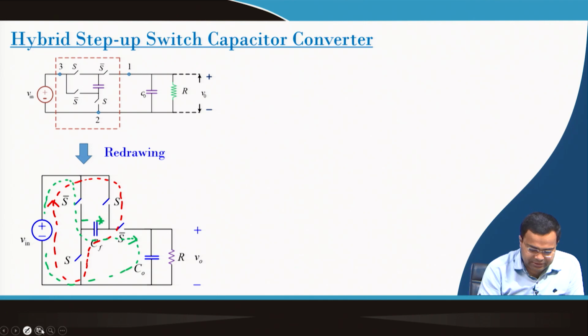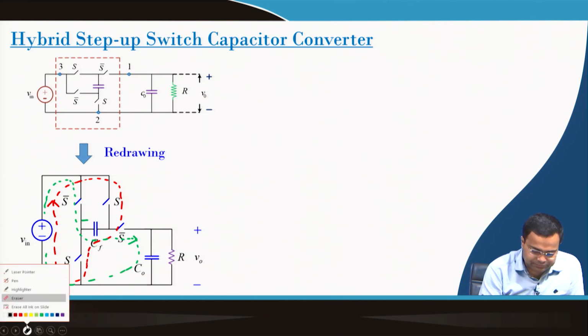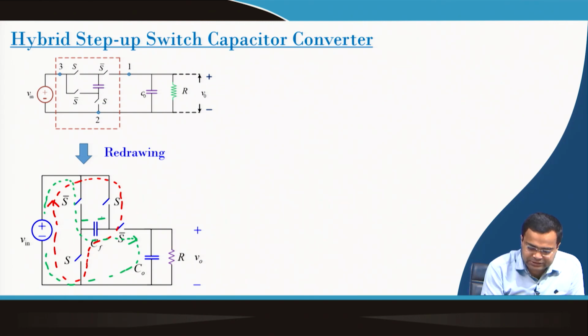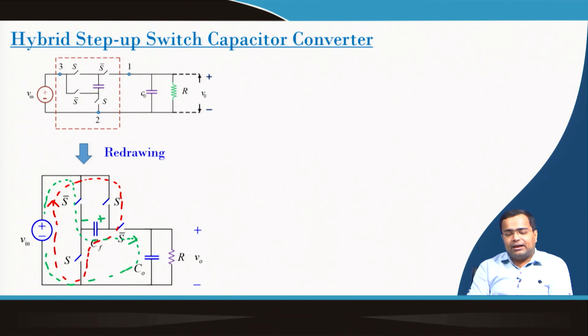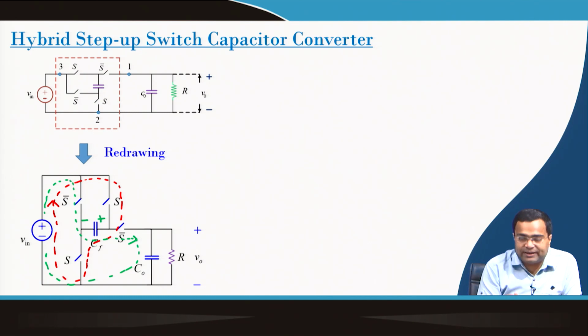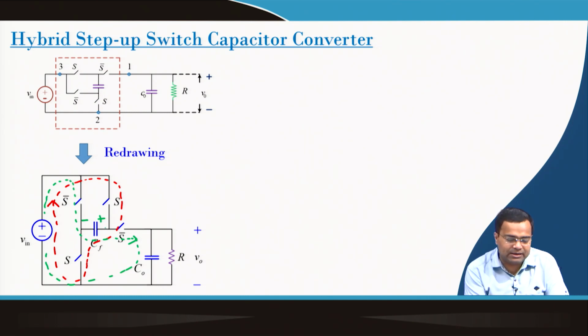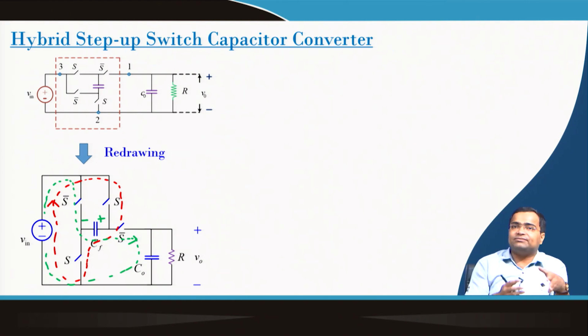In the discharge phase, the positive and negative terminals again come in series with the input voltage. That means V in plus the flying cap voltage, added together, is equal to the output voltage. So, the output voltage can achieve twice V in.